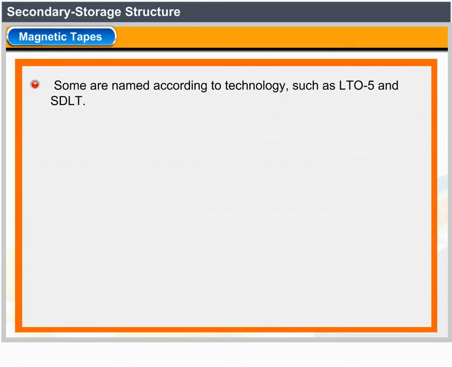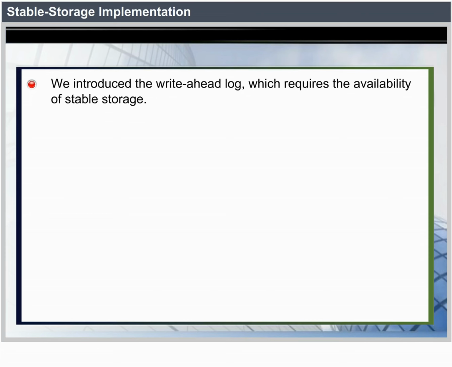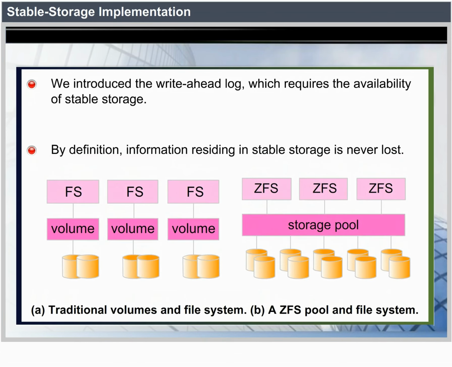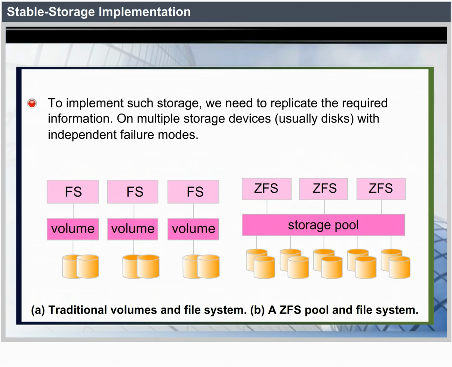Stable storage implementation. We introduced the write-ahead log, which requires the availability of stable storage. By definition, information residing in stable storage is never lost. To implement such storage, we need to replicate the required information on multiple storage devices, usually disks, with independent failure modes.